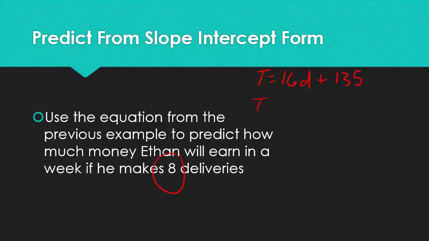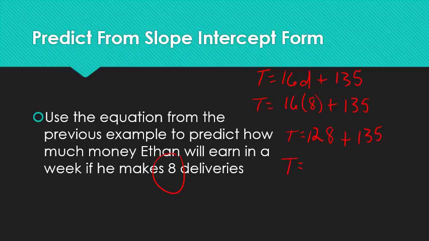So we got T equals 16 times 8 plus his weekly salary. Let's see, 16 times 8. 8 times 6 is 48. Carry your 4. And 8 times 1 is 8 plus 4. He would have made $128 in deliveries if he made 8 deliveries, plus his weekly salary of $135.